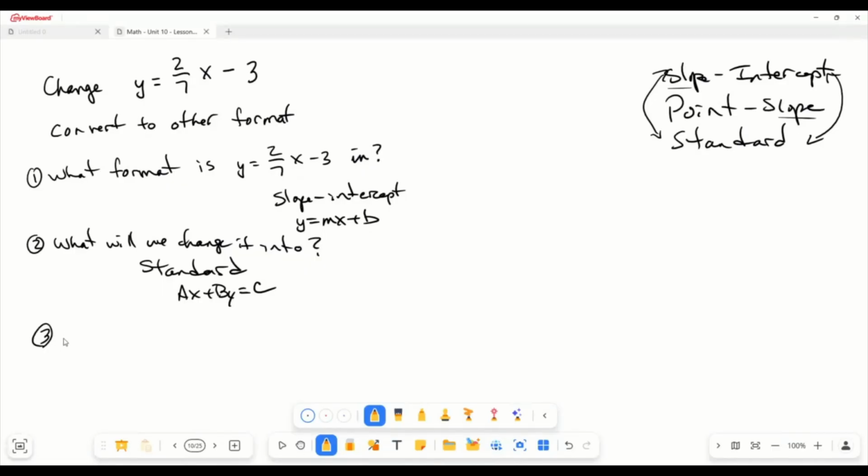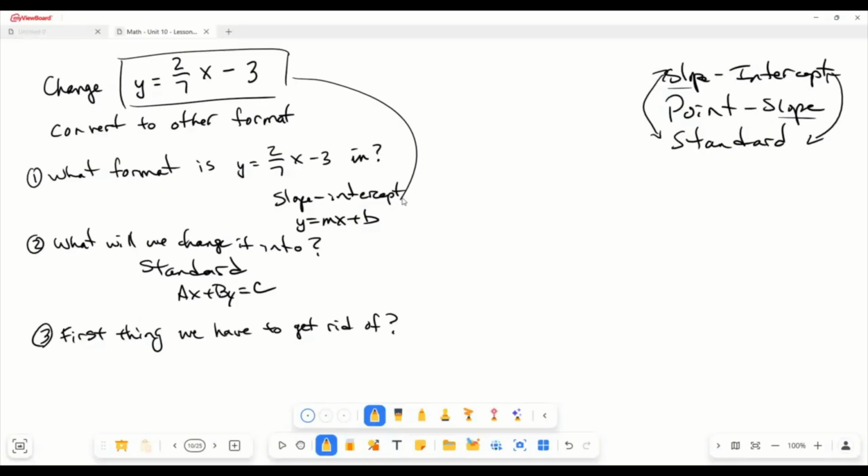So what's the first thing we need to get rid of if we're going to change this into this? The fraction. Very good. Yes, the fraction.